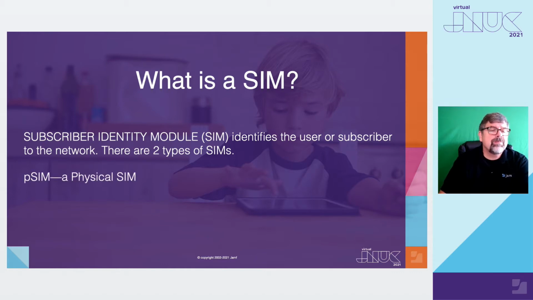One is called a PSIM or a physical SIM. This is a plastic card with a metal strip which contains information. Physical SIMs are inserted into a device so the device can access a cellular data network. SIMs are carrier specific but can easily be changed by simply removing and inserting another SIM.